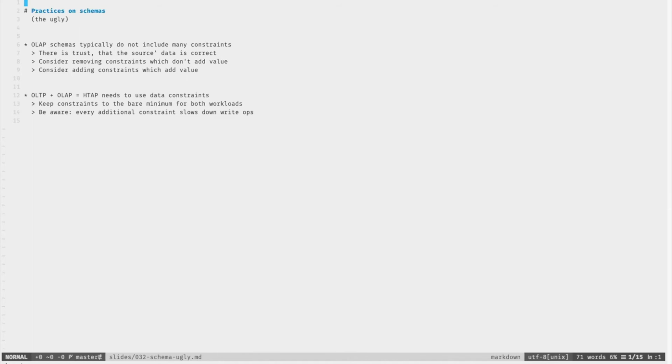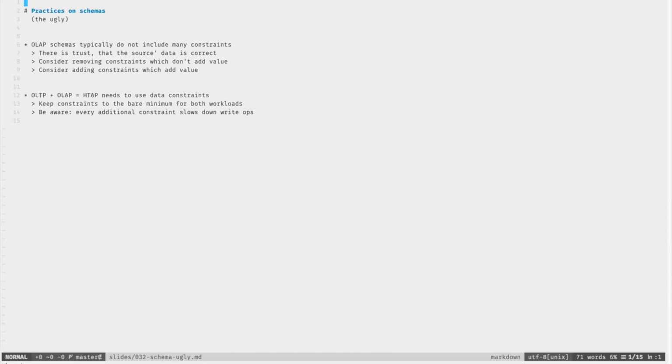However, this is, again, pick your poison, right? Because this is making your database rather small. You don't have this excess of objects to manage your constraints. However, on the other hand, these constraints are really helpful as well, right? So again, rule of thumb here, if you have constraints which don't really add value, consider removing them.